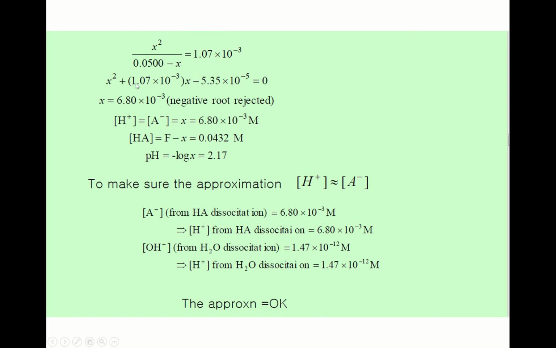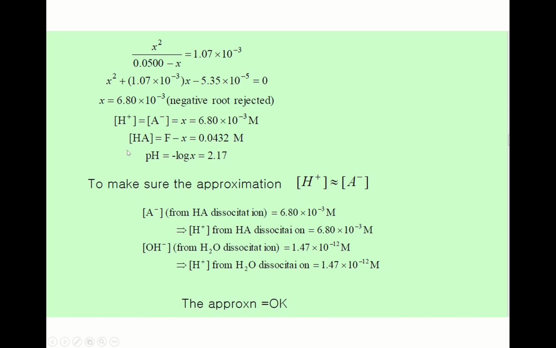This is a simple quadratic equation, and you get two solutions, but one has a negative sign, so we simply ignore it. By solving, x, the proton concentration, is 6.80 times 10 to the minus 3, and pH is minus log of the proton concentration, which is 2.17.